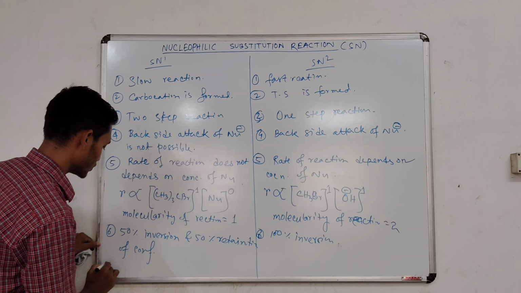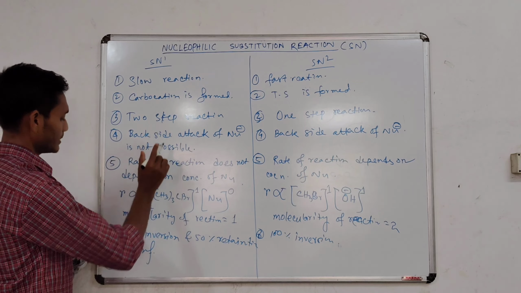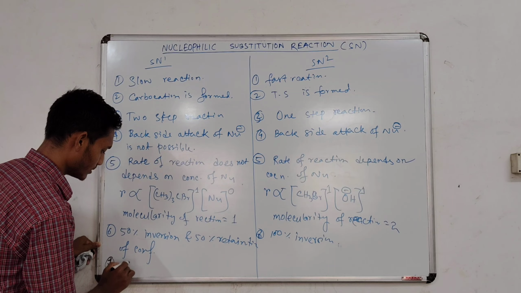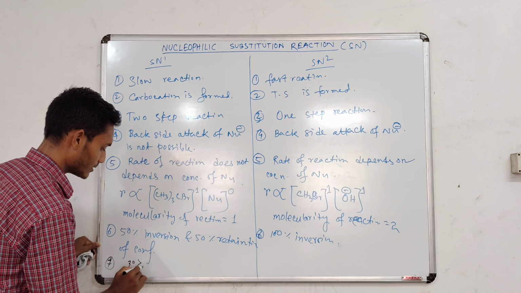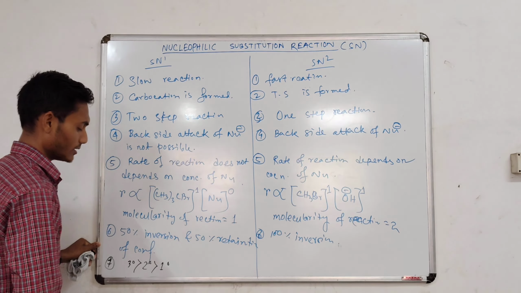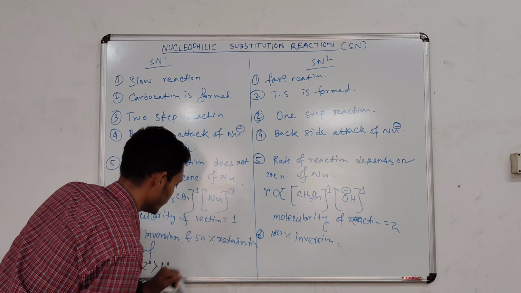And another most important point is that SN1 reaction is favorable for 3-degree alkyl halide, then 2-degree, then 1-degree alkyl halide, or haloalkane.